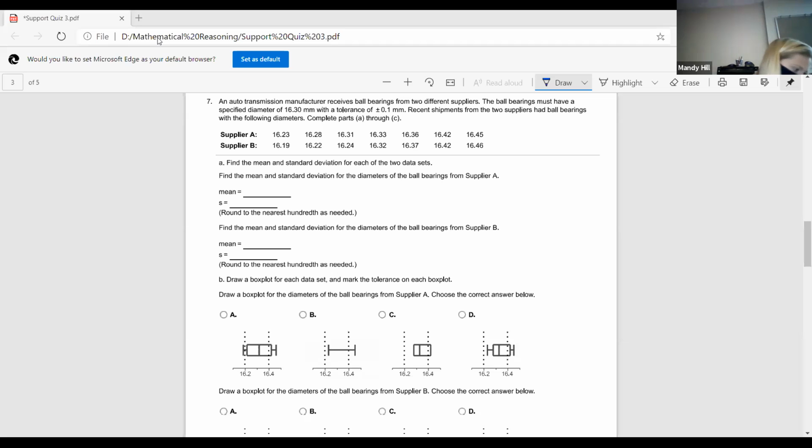Okay, so we dealt with this stuff. We found out that our mean on supplier A was 16.34. We said the standard deviation was 0.08 when we rounded it.